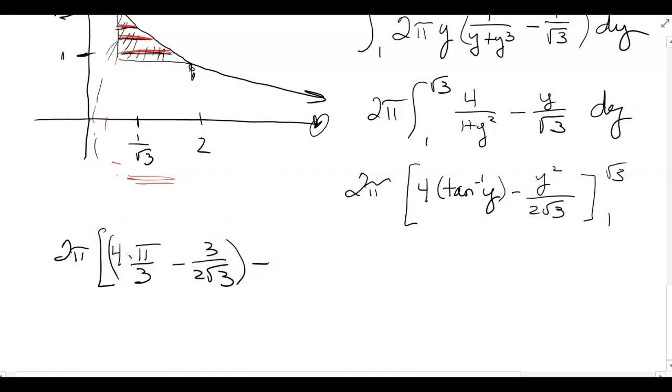Minus, now I'm going to plug 1 into everything. What angle gives, well, that's an easy one, because when you do opposite over adjacent, the only way you get a 1 is when those two things are equal, and that's a 45-degree angle, so that's going to be pi over 4. And plug in 1.